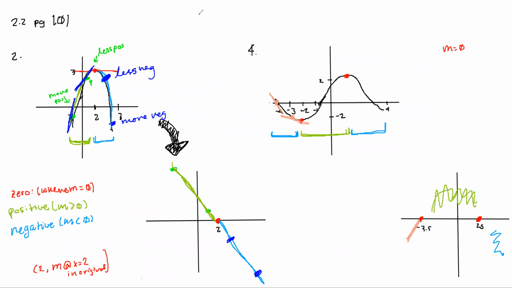All right. So now I'm going to ask the same thing. If I have this point at, so this would be 3, and then I have this at, I don't know, 3.5, which is more negative? The one at 3.5.